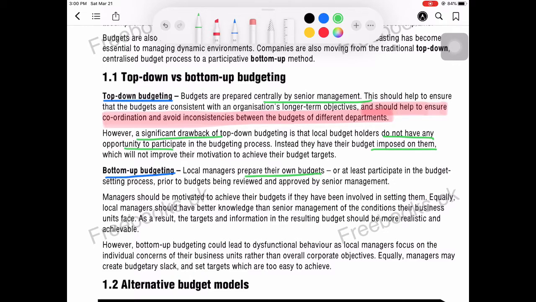It's given to them that this needs to be done, instead of taking their own views on whether it is achievable, whether it's too simple, or whether it's manageable. Their views are not considered because it's like an order rather than a participative approach.